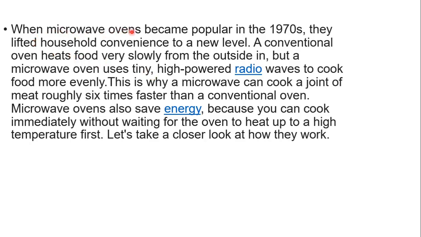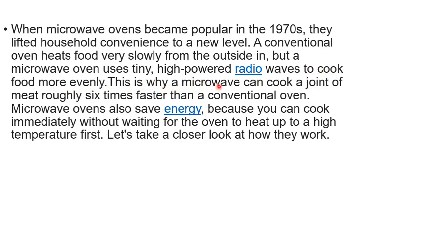When microwave ovens became popular in the 1970s, they lifted household convenience to a new level. A conventional oven heats food very slowly from the outside in, but a microwave oven uses tiny, high-powered radio waves to cook food more evenly.